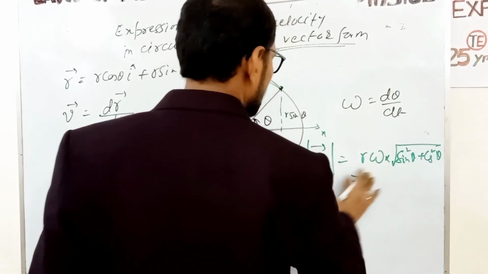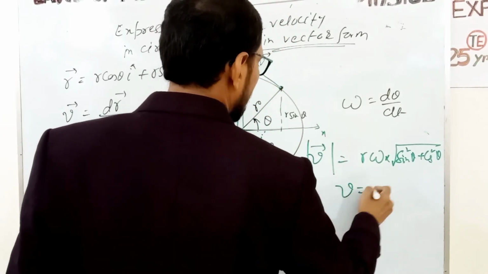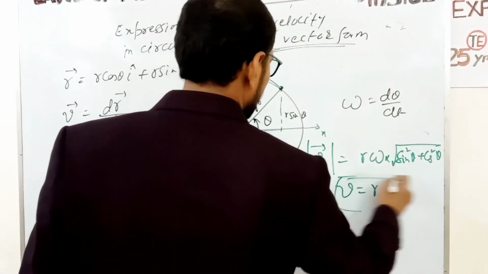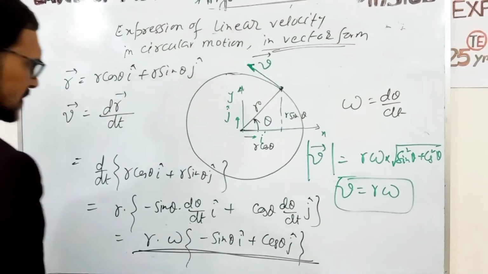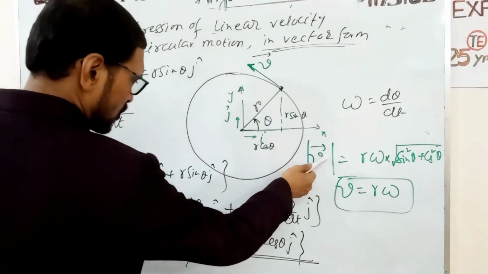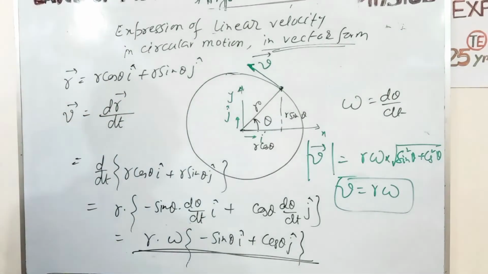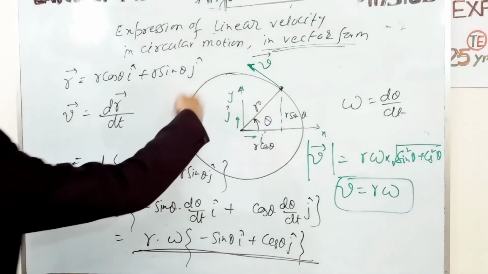So we get v equals r omega. The magnitude of velocity is the linear speed, v equals r omega, which we get from this relation.